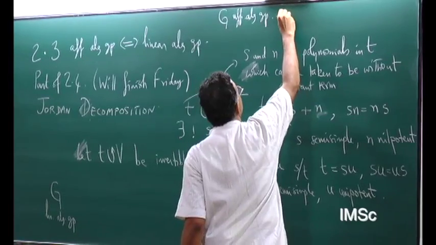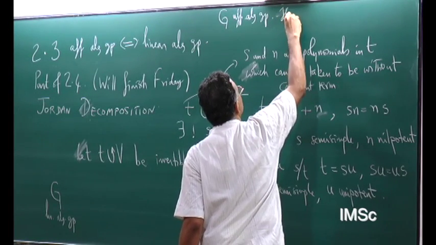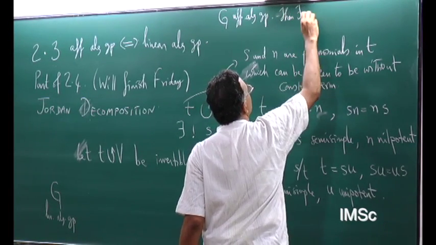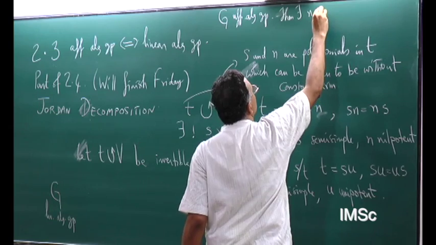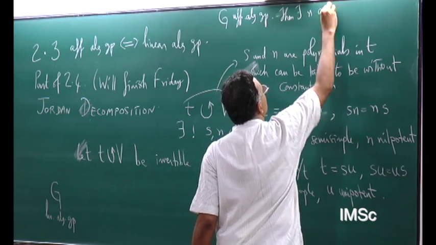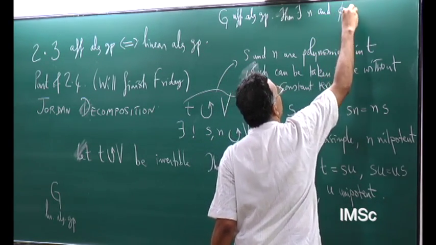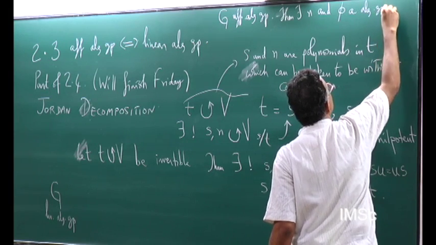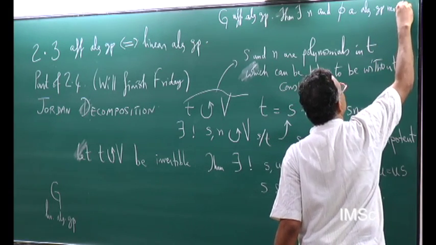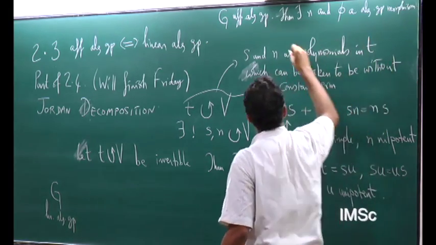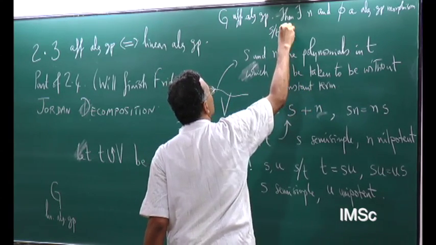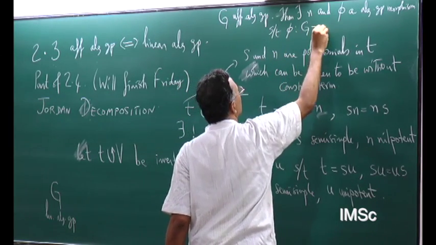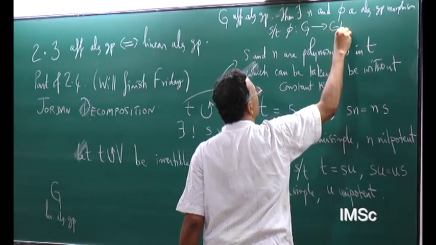So there exists n and phi, an algebraic group morphism, such that phi goes from G to GLN.